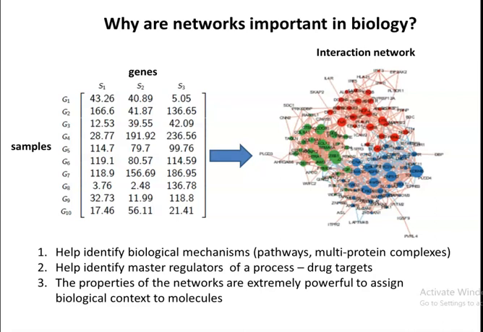Another fascinating property of interaction networks is that they can help us identify molecular functions of genes or molecules that we have absolutely no idea what they are doing.